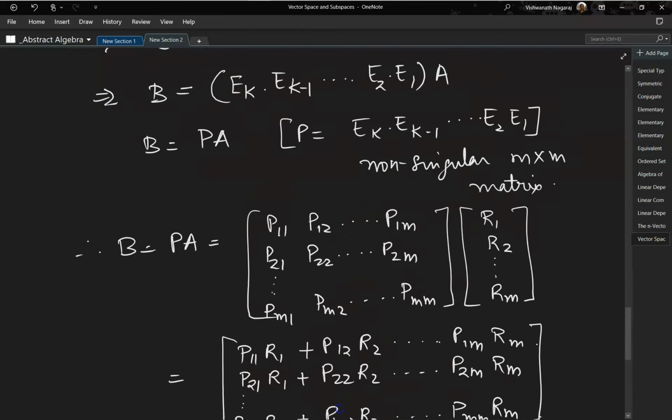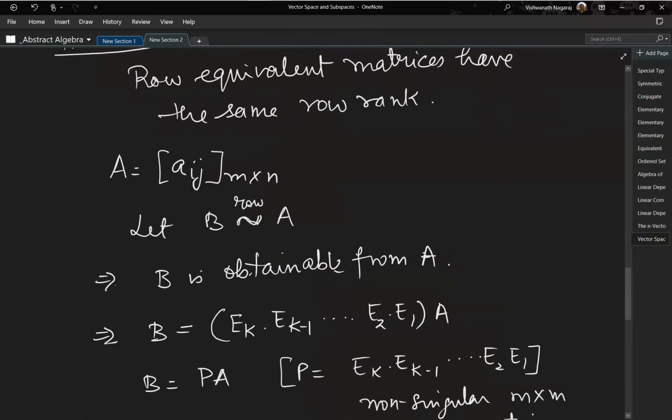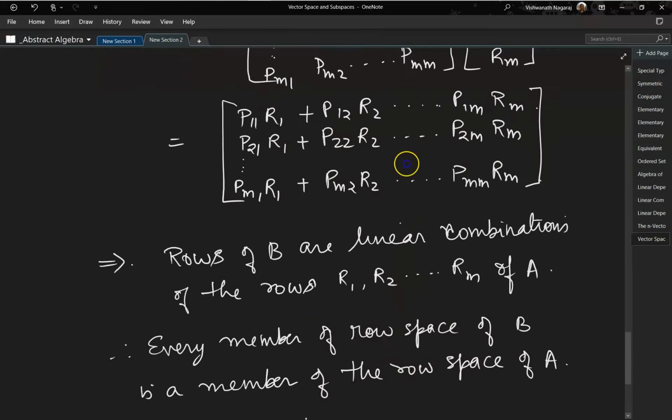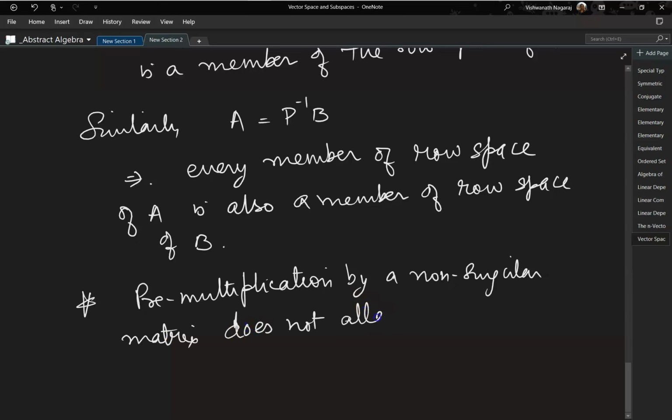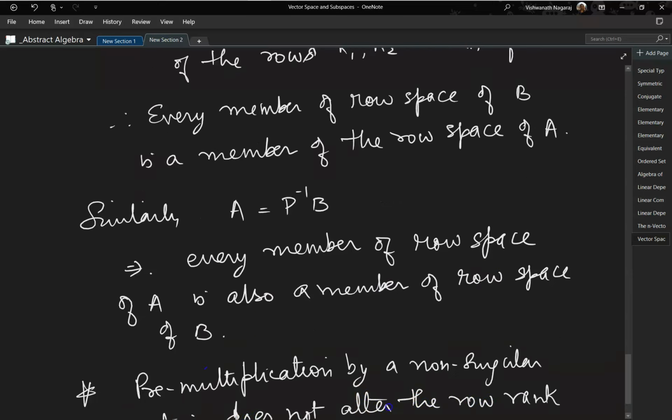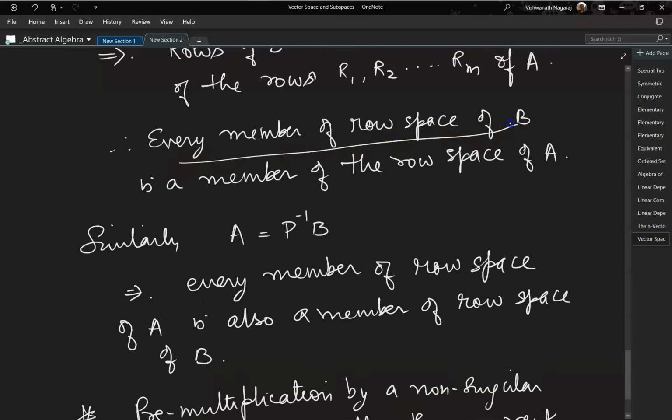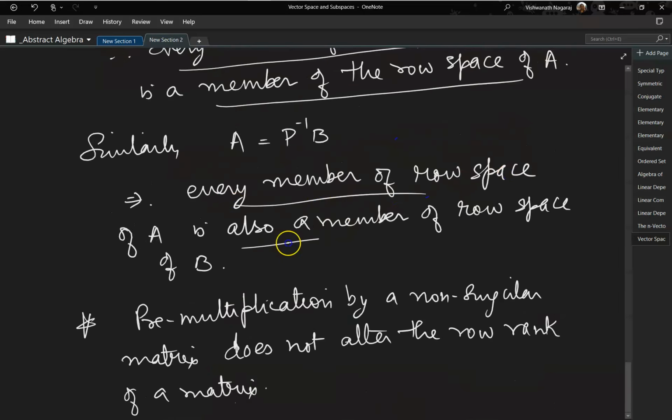Yes, here we have taken that P to the other side by using inverse. So the important point here is that pre-multiplication by a non-singular matrix does not alter the row rank of a matrix. On what basis? On this basis, and similarly this.